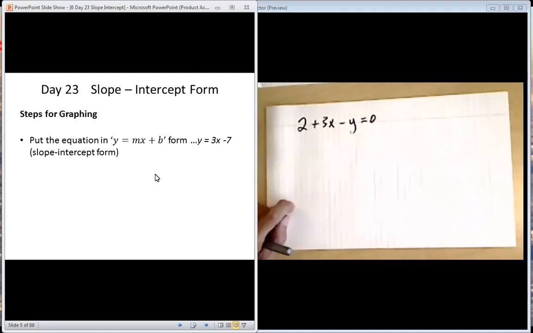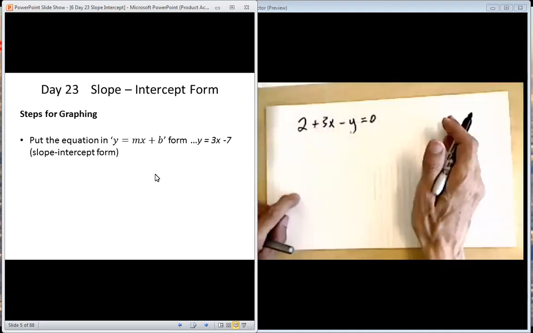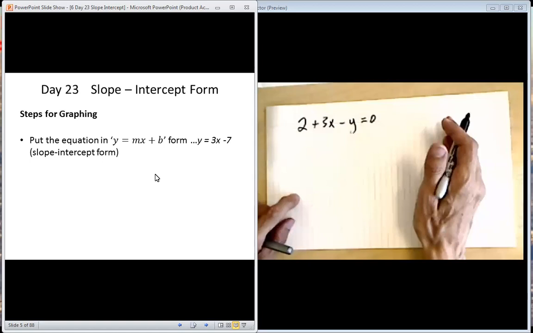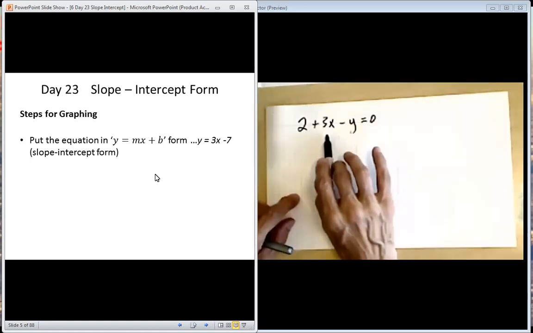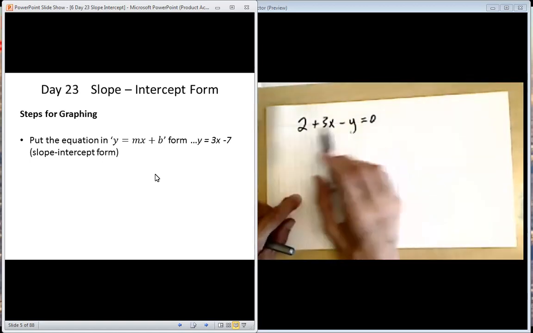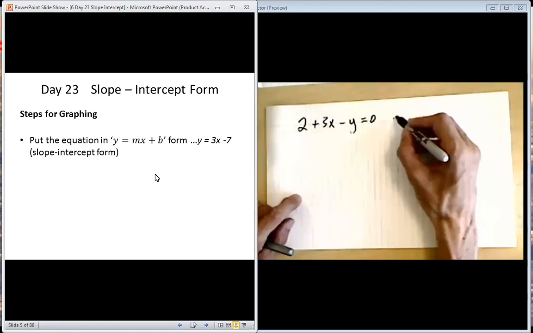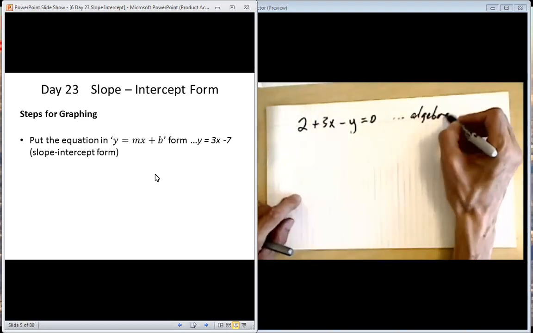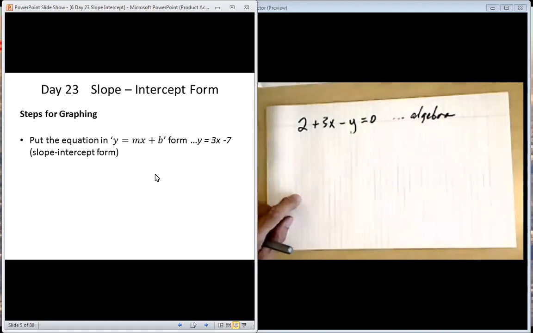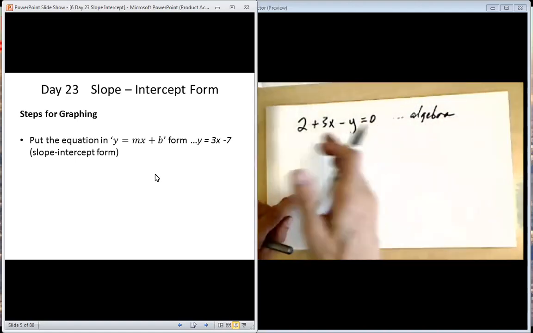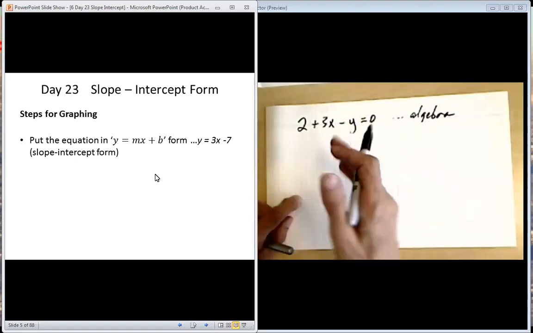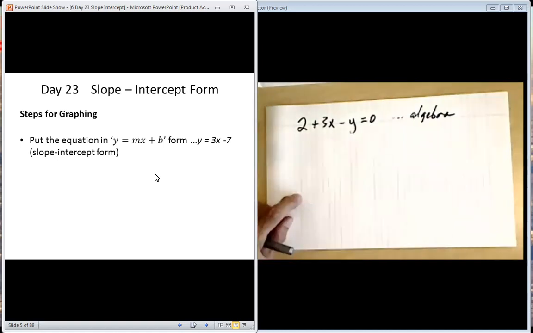Okay, so you want to have it like y by itself, and then the x term, and then the lone number at the end. So you might have to do some algebra in order to make that happen, okay? So that means moving things from one side to the other and keeping track of positive and negatives and all that stuff.